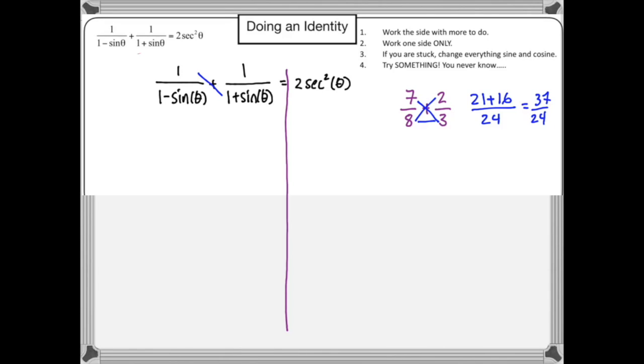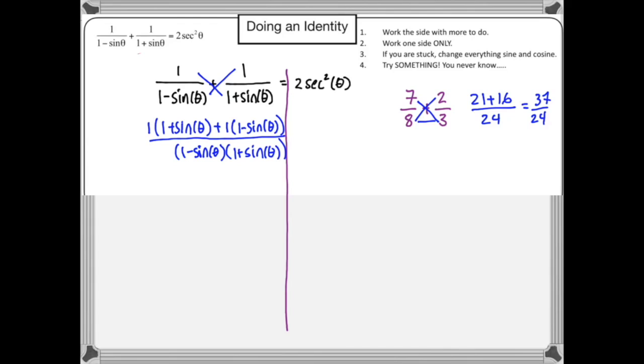That's going to be 1 times sine theta, which is just going to give me 1, and I'm going to write it all out so everyone can see what I'm doing. 1 plus, and I know we don't need the 1, but I'm doing it anyhow for ease of understanding, all over 1 minus sine theta times 1 plus sine theta.